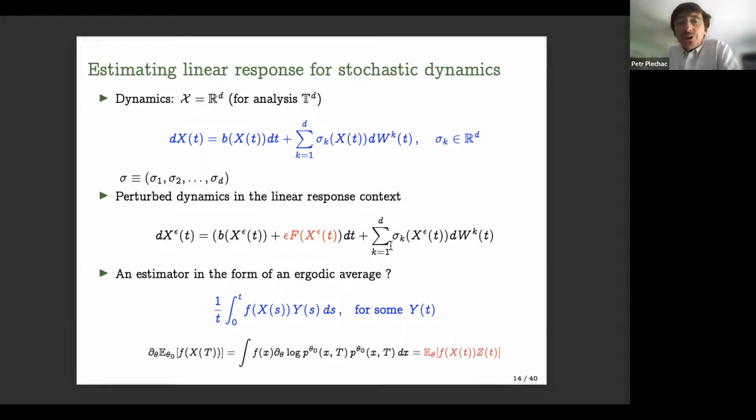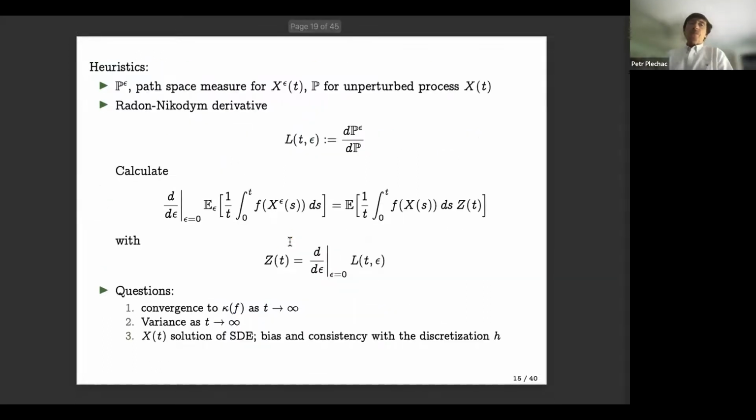In a general setting, we can view the stochastic process as a solution of a stochastic differential equation with a perturbation in the drift. That leads us to the construction of the reweighting process, the likelihood process Z, as the derivative of this Radon-Nikodym derivative with respect to the parameter epsilon.